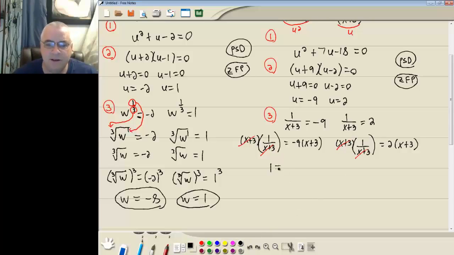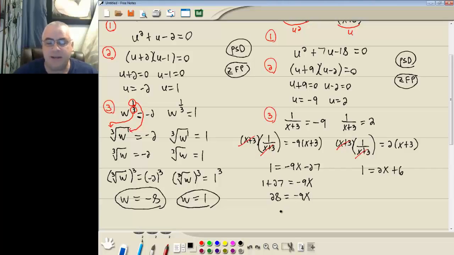So we get 1 equals negative 9 times x, which is negative 9x. Negative 9 times 3 is negative 27. And over here, we've got 1 left, and then 2 times x is 2x, 2 times 3 is 6. Okay, take the negative 27 over, so I got 1 plus 27 equals negative 9x. So we got 28 is equal to negative 9x.